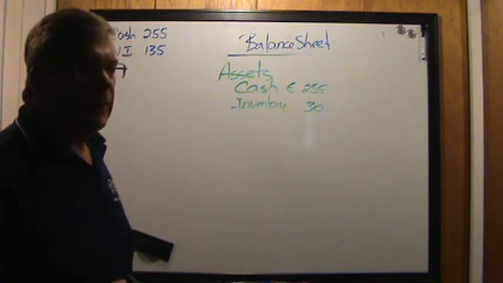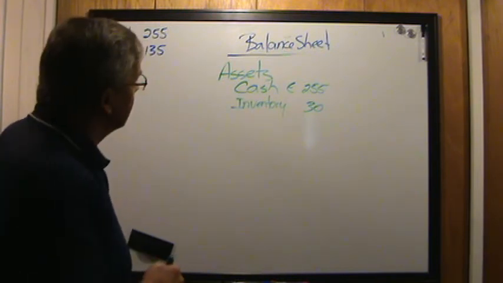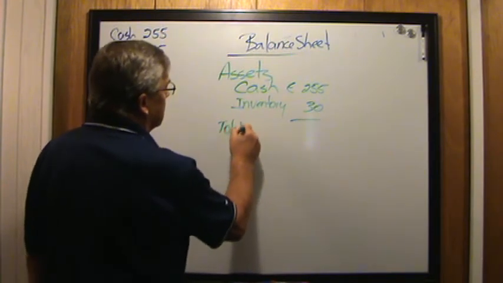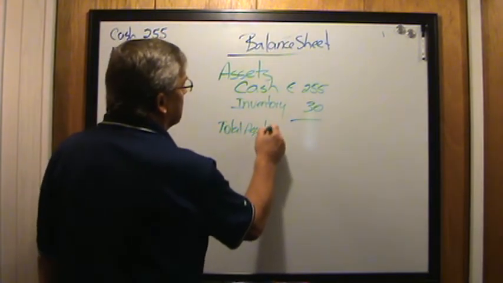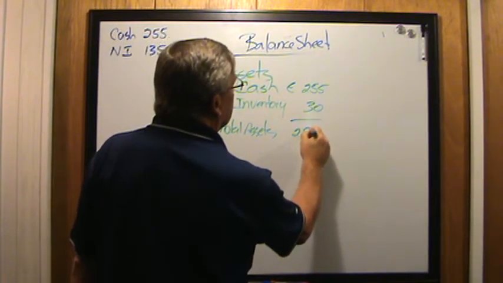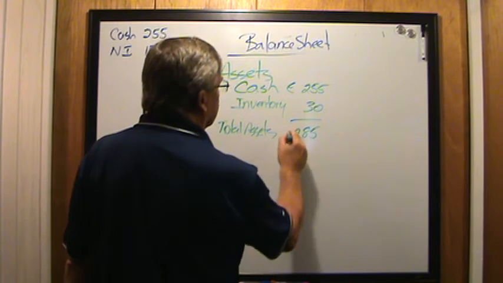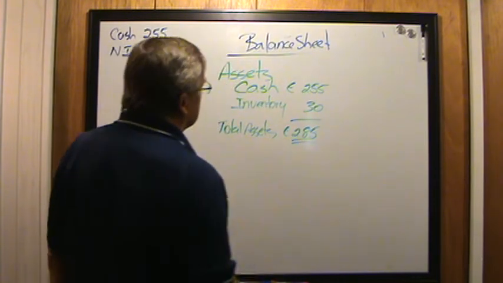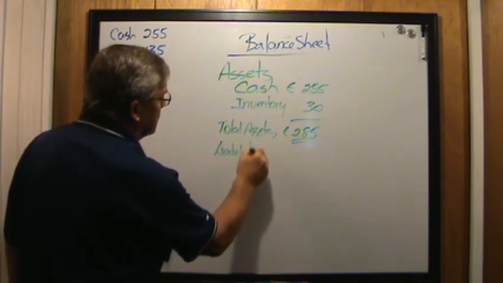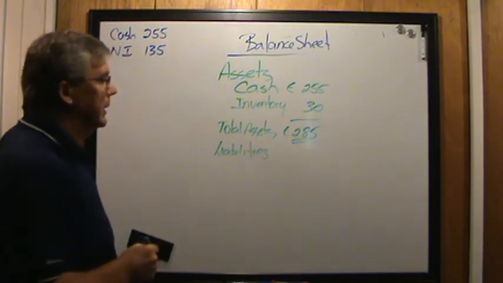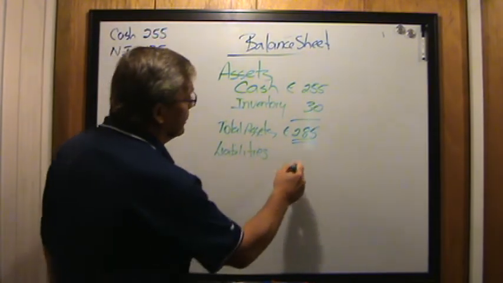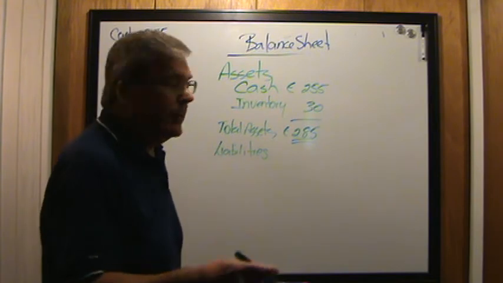All right, any other assets? I think we're good. So we have total assets equal 285 euros. Now liabilities. Liabilities, we have one loan from our friends, and we haven't paid anything back yet.